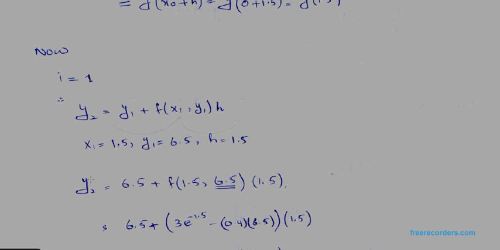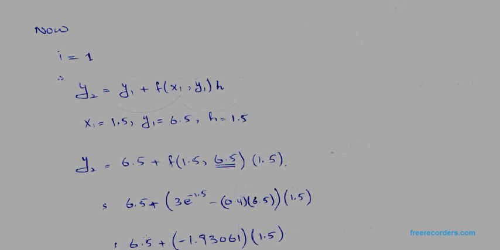So putting these values in the equation, y2 becomes 6.5 plus the function at 1.5 and 6.5, times the step size 1.5. Please keep in mind that this is the approximate value of y, not the exact value. This is the value of y at 1.5.